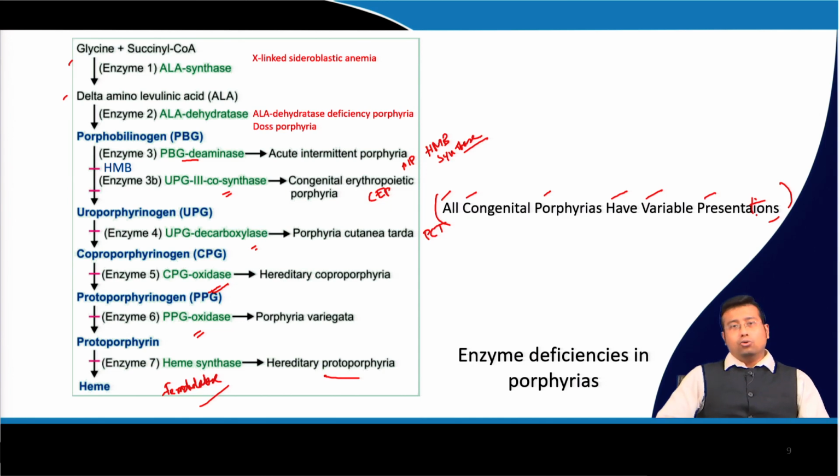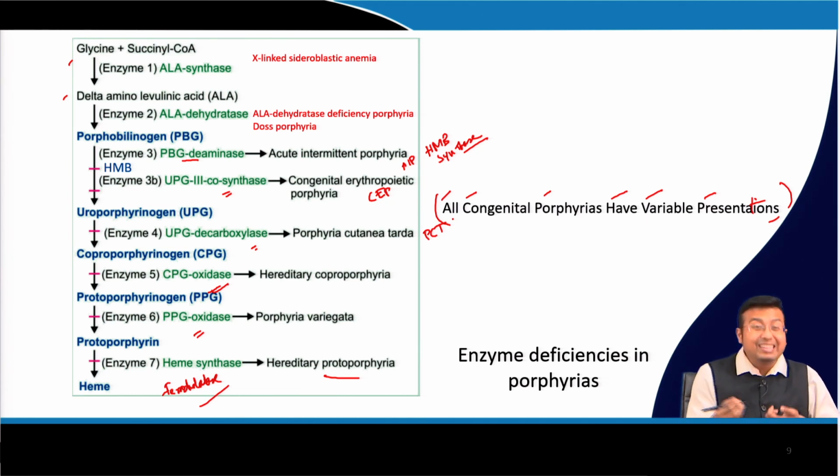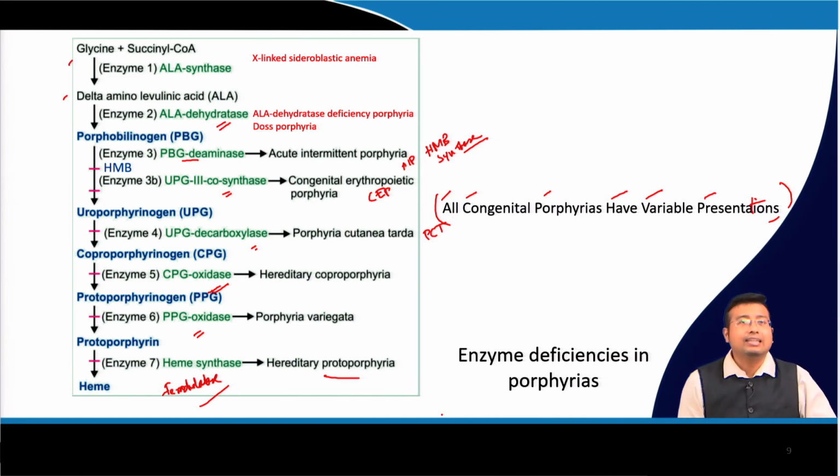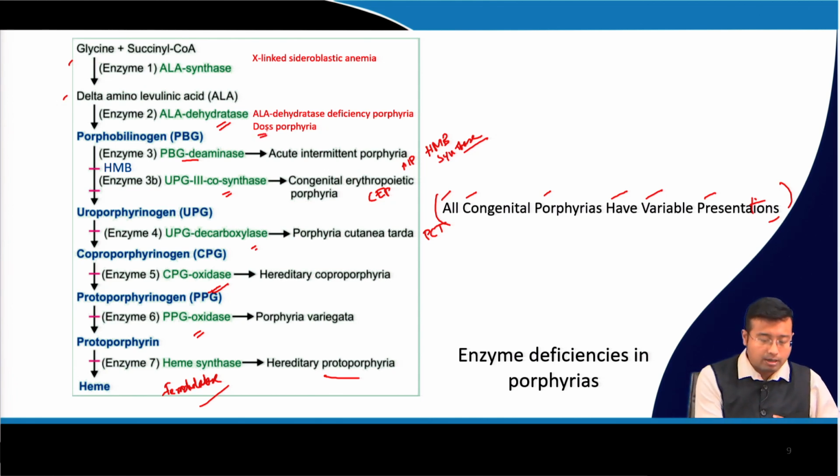The first two enzymes that I did not mention are not that important. These are the ones that are most common, the 6 varieties of porphyria. However, there are two other enzymes. The enzyme before hydroxymethylbilane synthase is ALA dehydratase. The deficiency of this enzyme leads to ALA dehydratase porphyria or DOS porphyria.